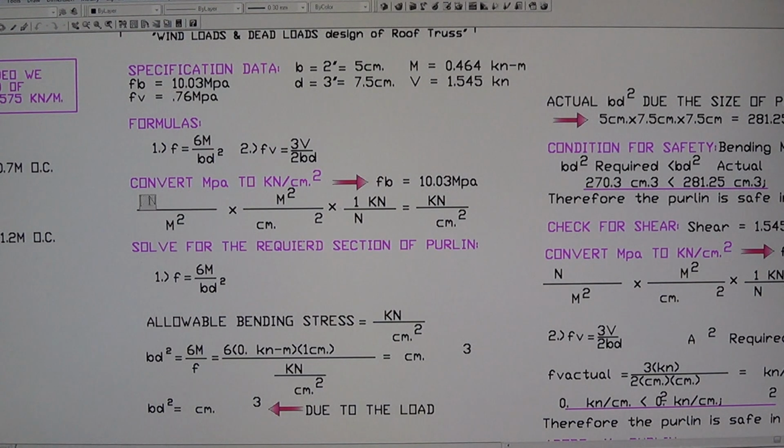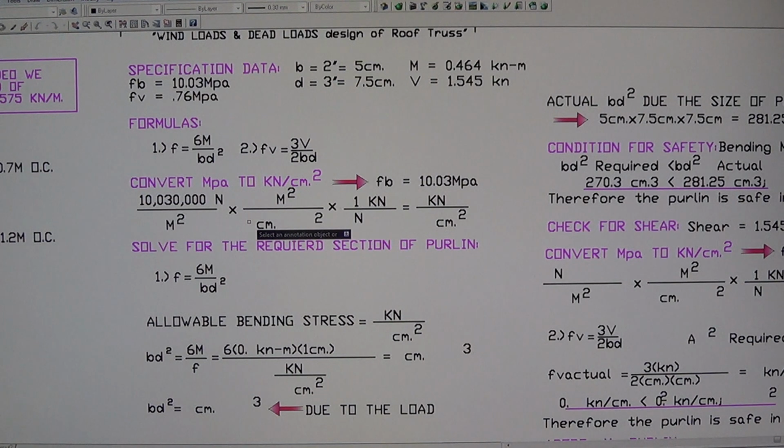The value of 10.03 MPa is 10,030,000 Newton. And now we have to multiply in a way to cancel the meter square. So we put the meter square as the numerator so that it will be cancelled, over the centimeter below.